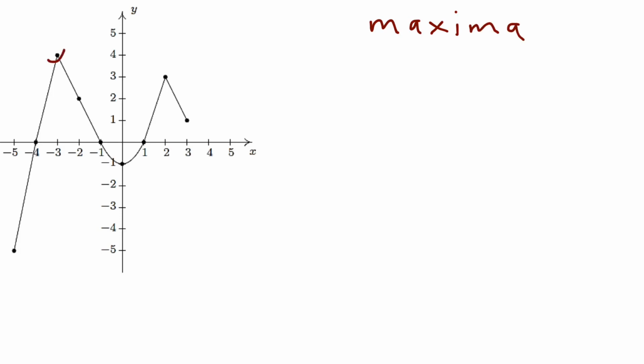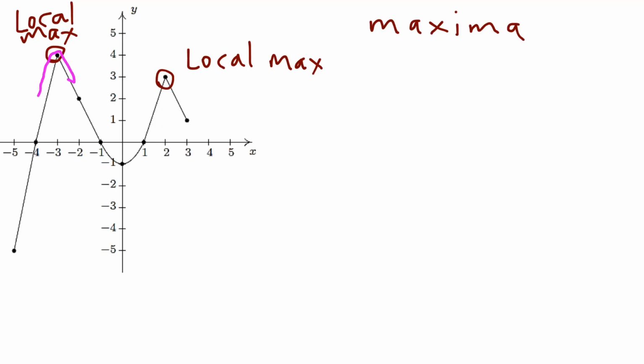So here is a local max, and here is a local max. These are local maxima because the graph goes up, it peaks out, and then it comes back down, like the top of a hill. And here it goes up, peaks out, and comes back down. So those are local maxima.